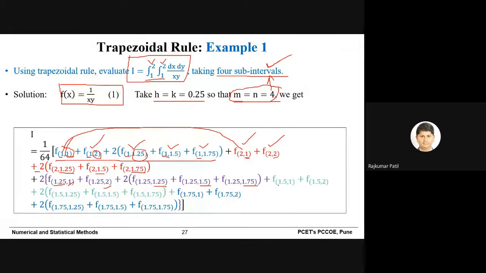Now we are keeping the value of x constant at 1.5, and again we are varying the values of y, that is 1, 2, that is first value plus last value plus 2 into remaining values of y, plus now we are keeping the value of x constant as 1.75, and you are just varying the values of y.